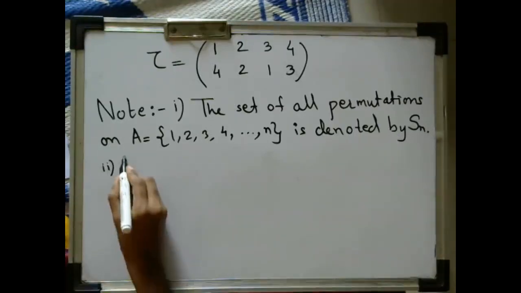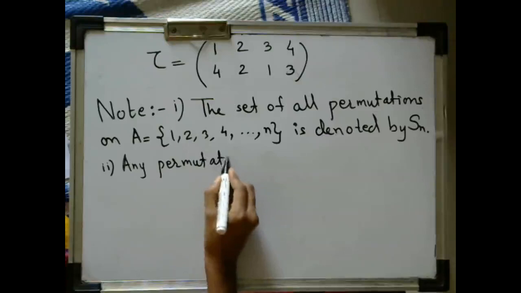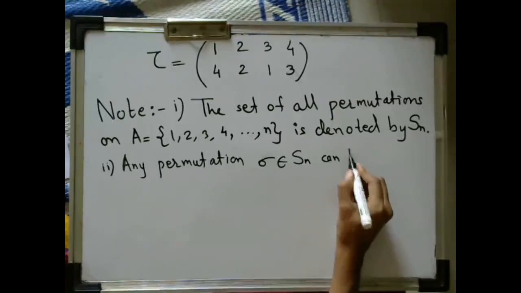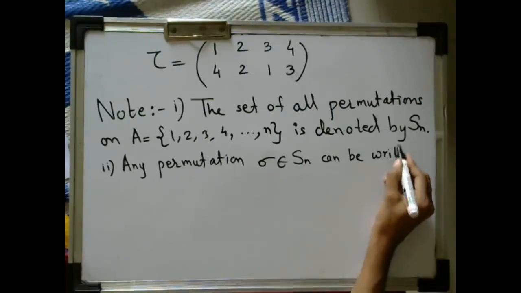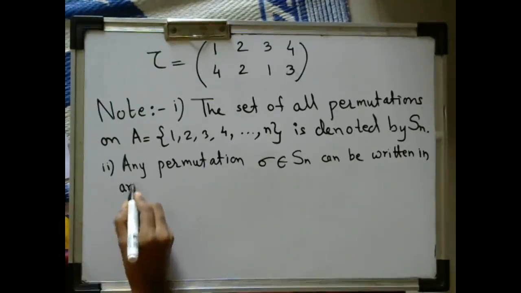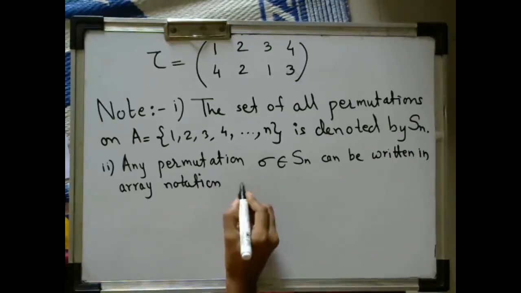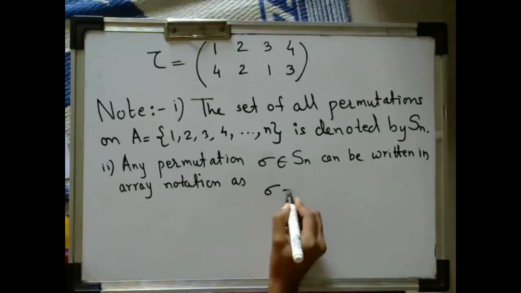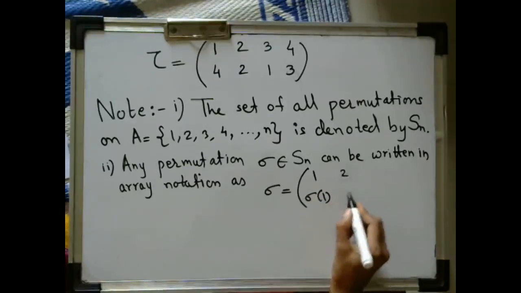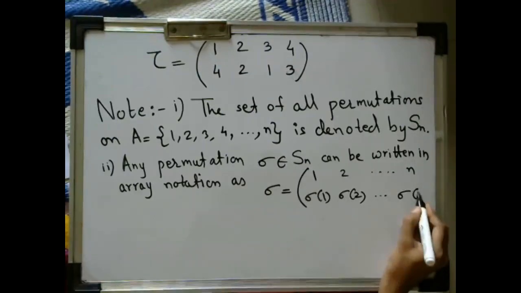Any permutation sigma belonging to Sn can be written in array notation as: 1, sigma of 1, meaning where 1 is mapping under sigma, 2, sigma of 2, likewise n, sigma of n.